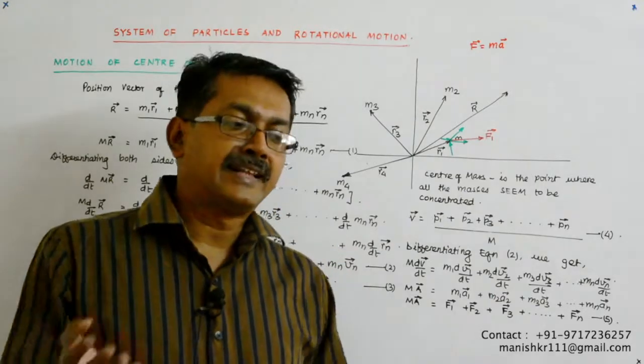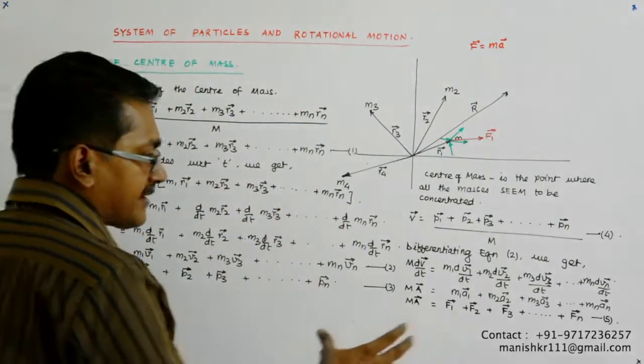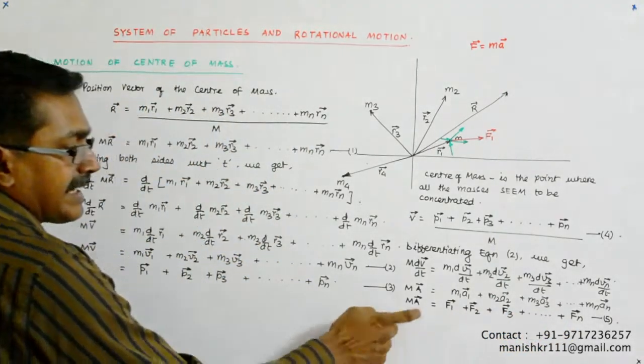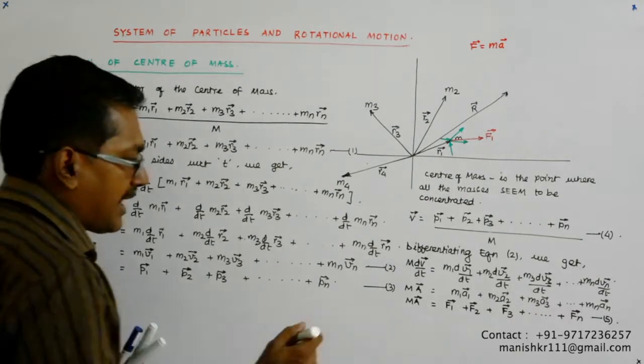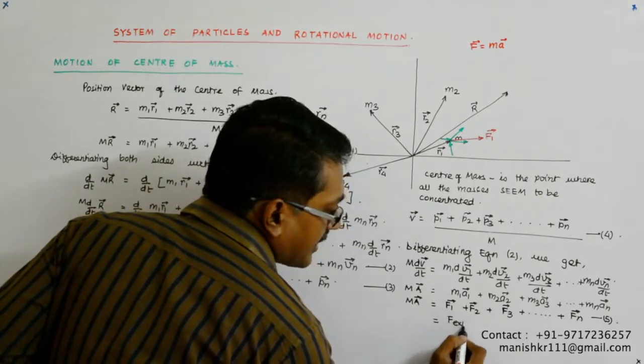But what is the net effect of that? It is as if the resultant acts at the center of mass. So this resultant is F external.